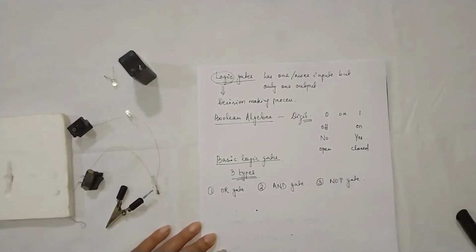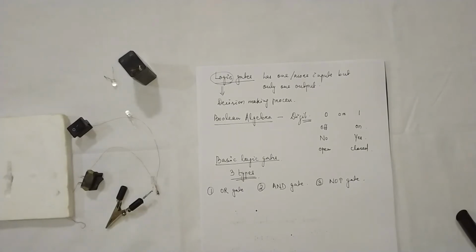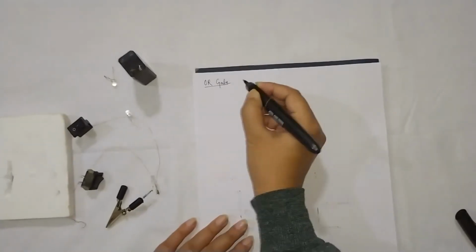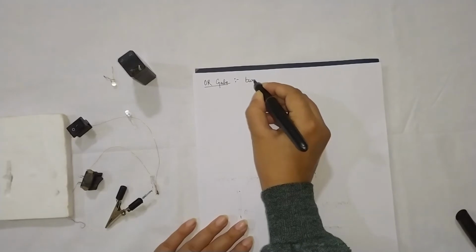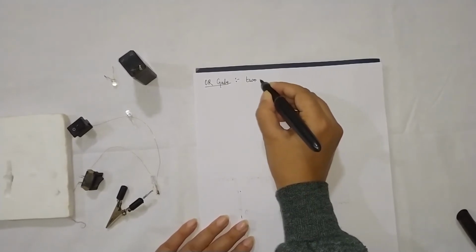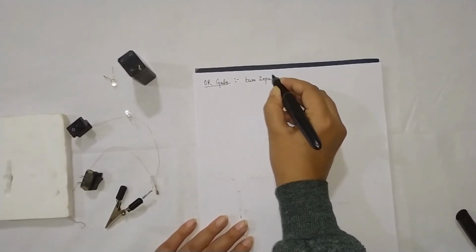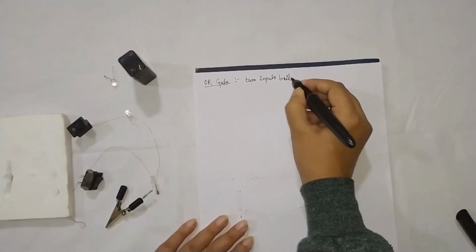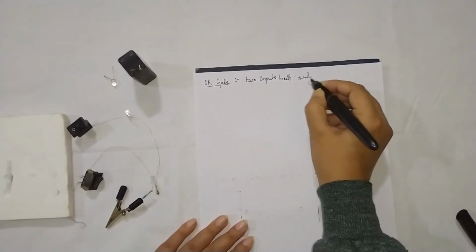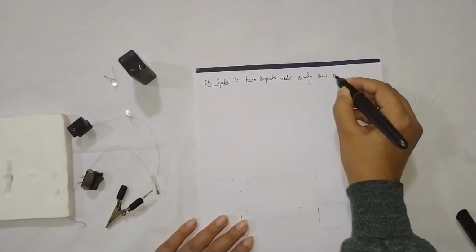Today we will especially learn what the OR gate is. This OR gate is a two-terminal device. That means it has two inputs but only one output.